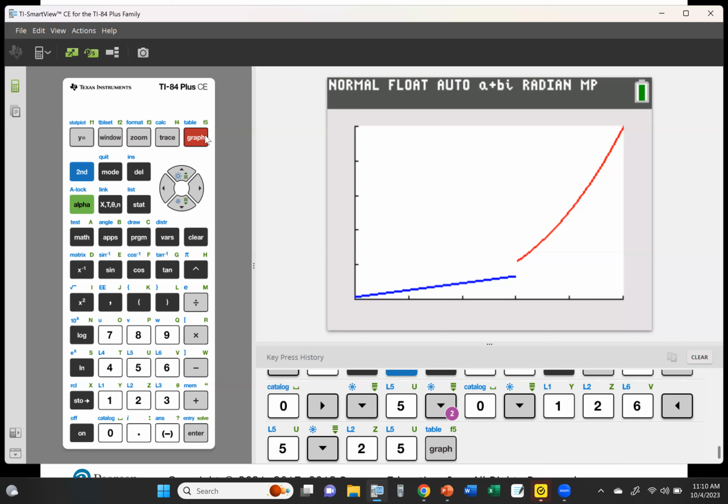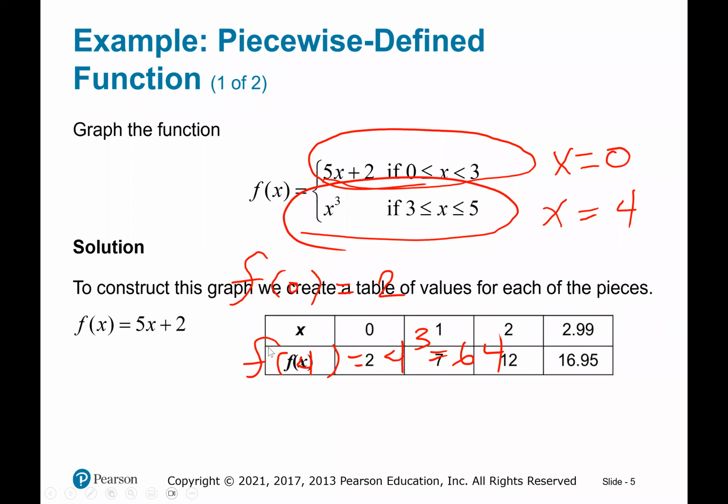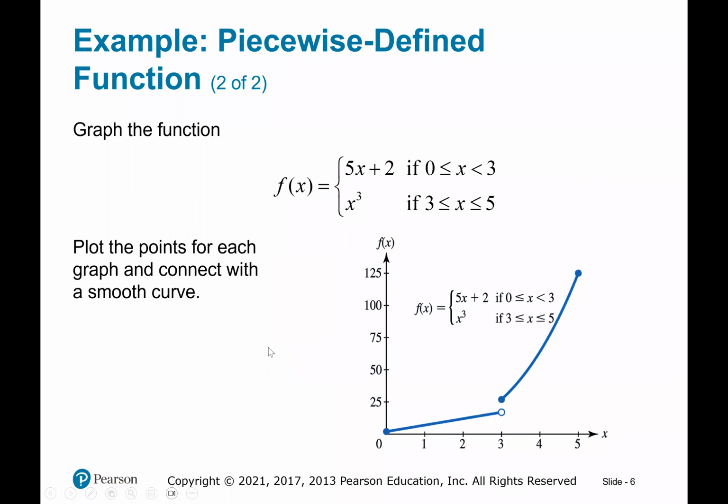Okay, so if we went back and looked at our PowerPoint, this is what the graph looks like.